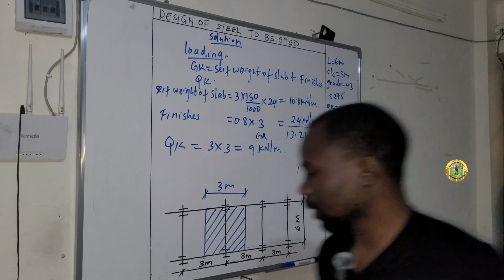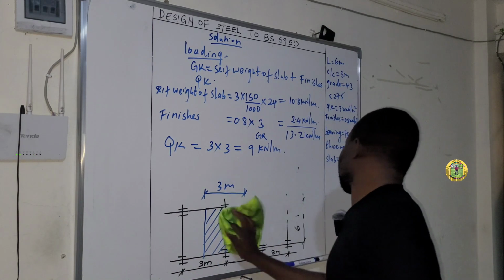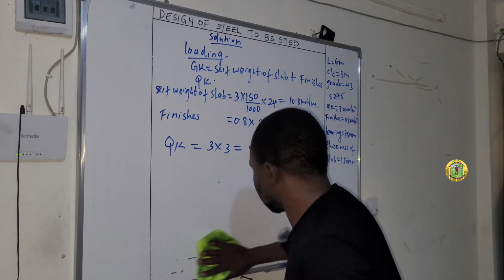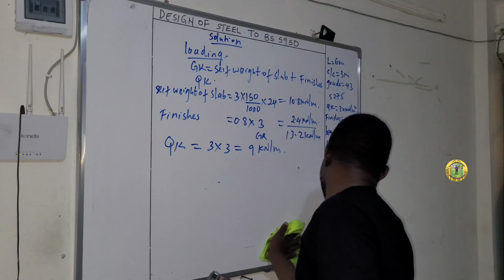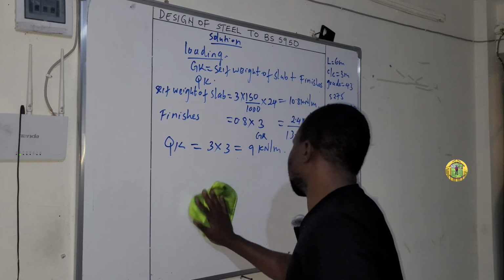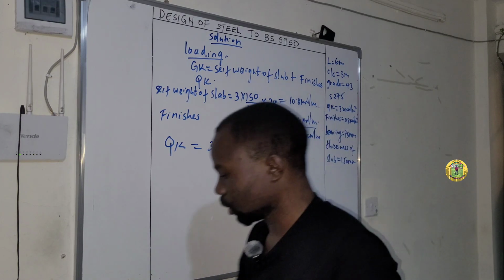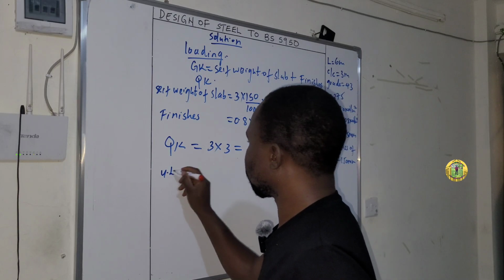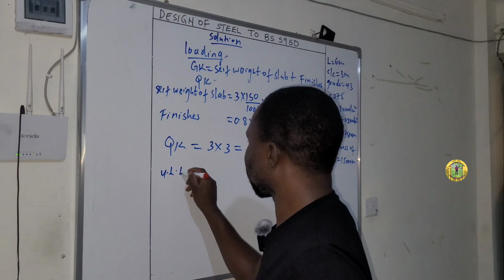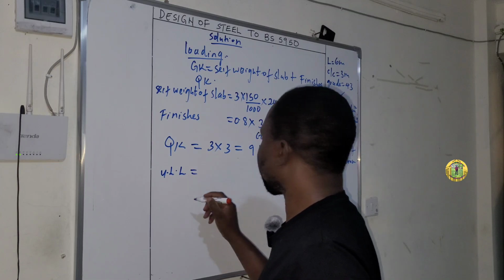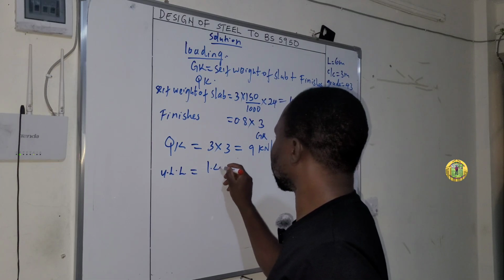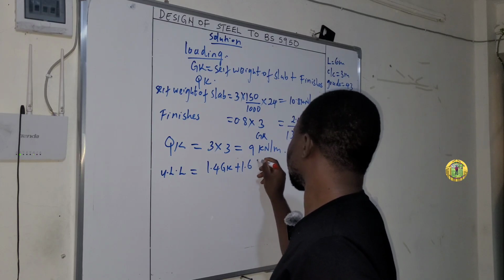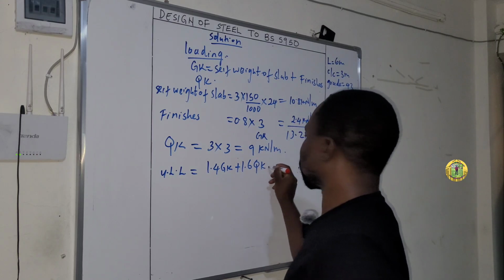So if I can rub this plan, we'll say that the ultimate limit state load is equal to 1.4 GK plus 1.6 QK.